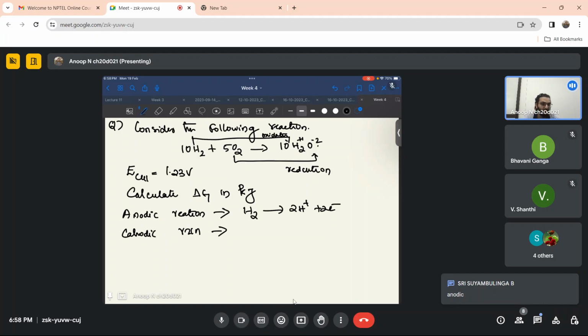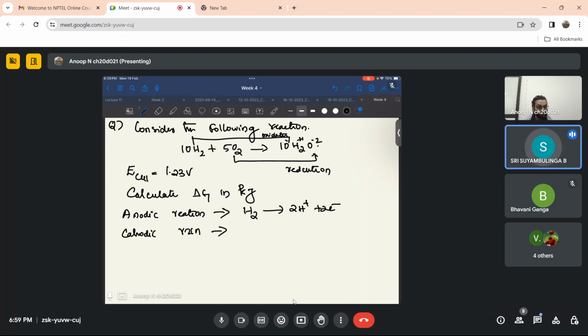At anode, we have oxidation. Here, hydrogen will give H plus plus electrons. Yes, anodic. What will be the cathodic reaction? It will be 2H plus half O2 gives H2O plus 2 electron.